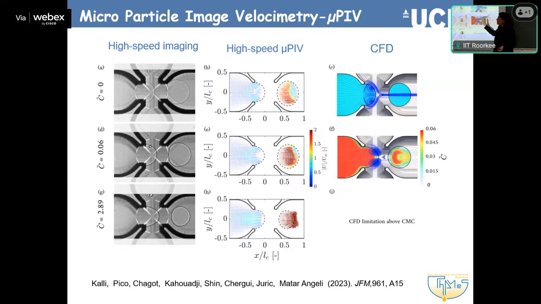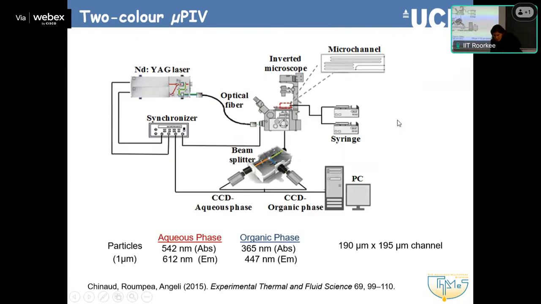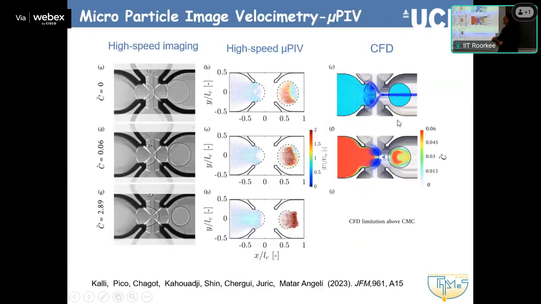We're not talking about CFD, just that you get what you get from the experiments. In that case, the CFD helped us to understand where the surfactant actually is, because it's very difficult to get that from experiments. If you confirm that your simulations are good, then you can go beyond. I don't know if I have it here or tomorrow. Okay, it's in tomorrow's lecture.